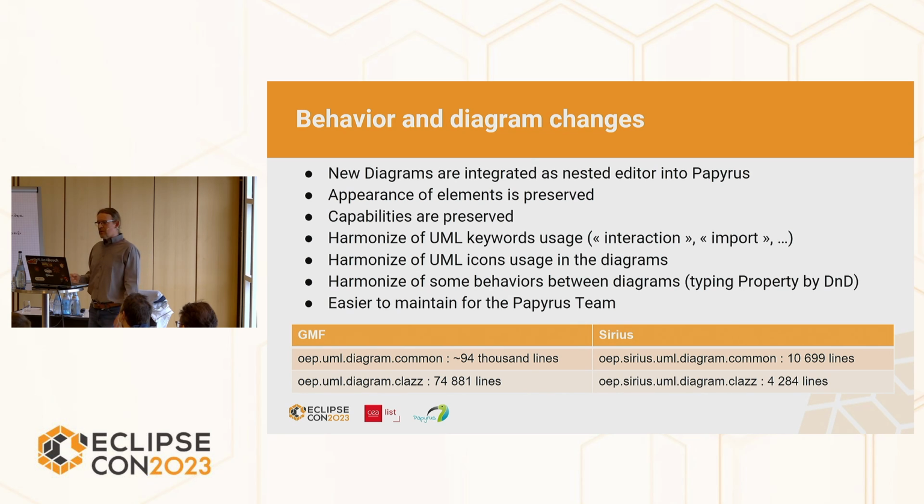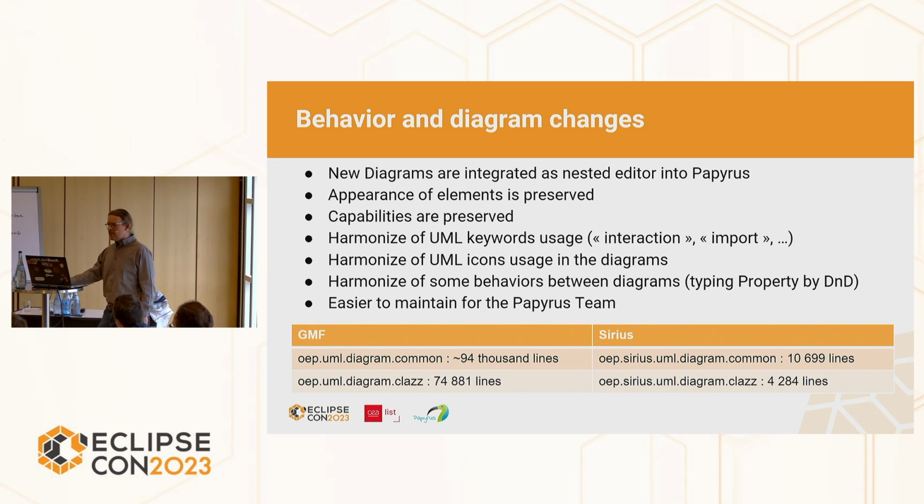During this work, we also harmonized the usage of UML keywords. Keywords are words in guillemets displayed inside the label of some elements. We didn't have the same look and feel depending on the diagram. So now it's uniform, it's harmonized.